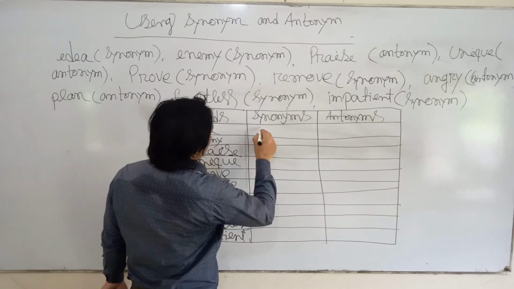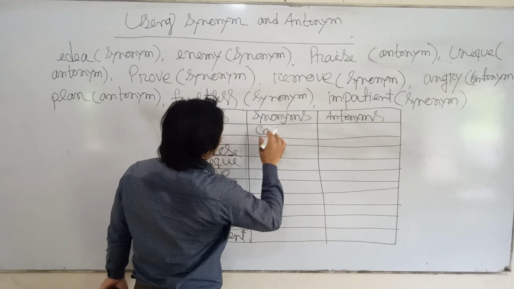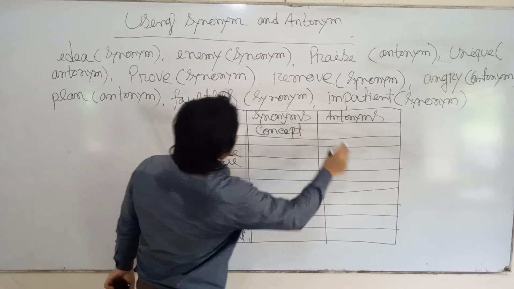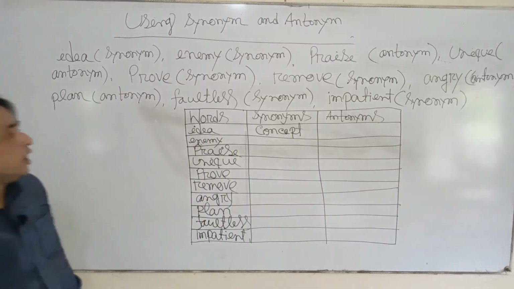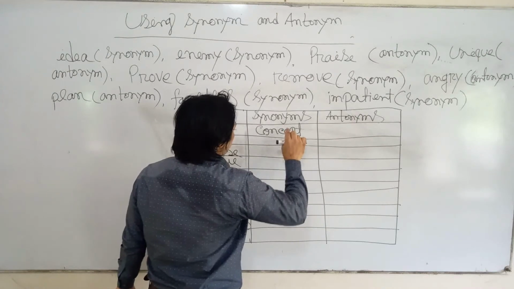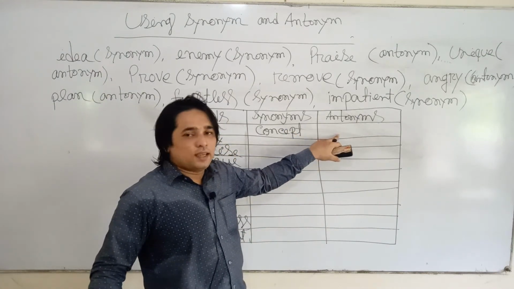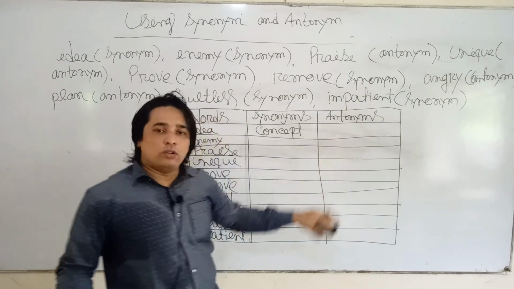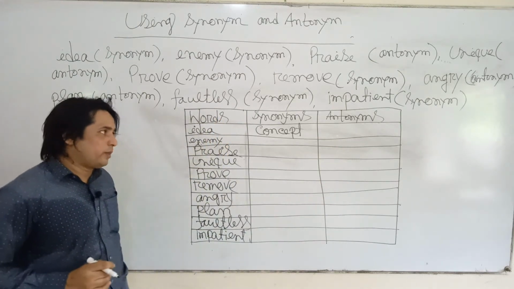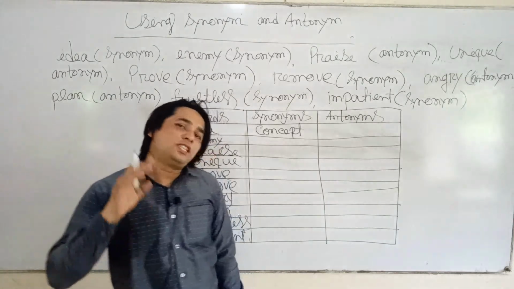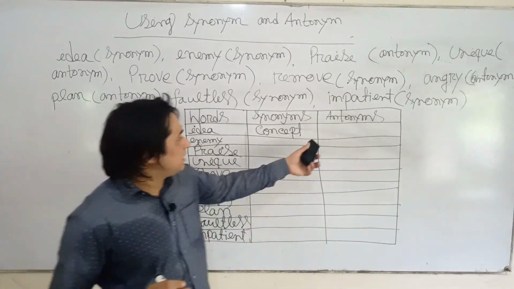And idea means concept. Now, the antonym row will remain blank. I mean, you need not write anything in the antonym row here.